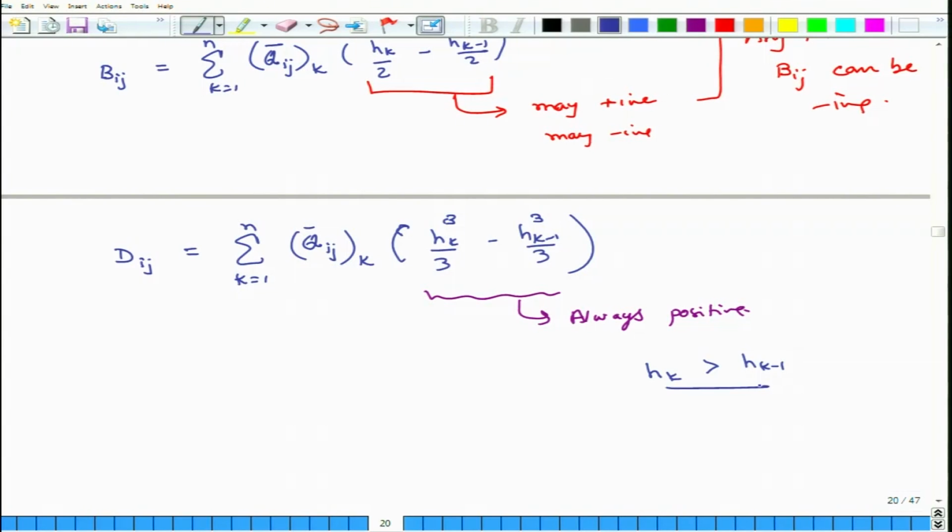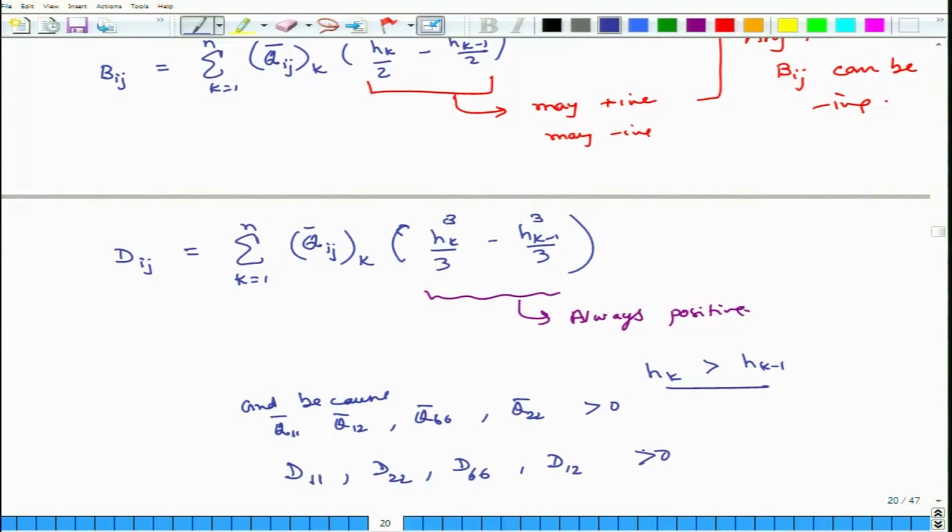For that reason, and because Q11 bar, Q12 bar, Q66 bar and Q22 bar are always positive, we can also say that D11, D22, D66 and D12 are always positive.